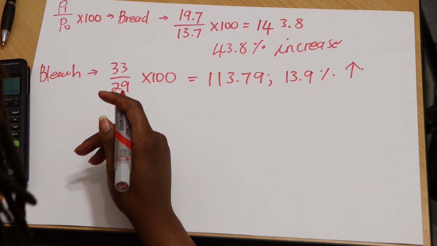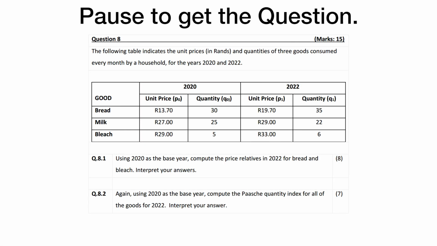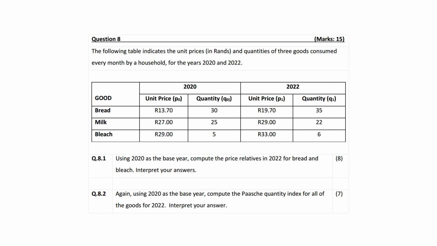Okay, then the next question says, again, compute using 2020 as the base year the Paasche quantity index for all the goods for 2022. So the Paasche quantity index is where we hold the price constant at the current period.